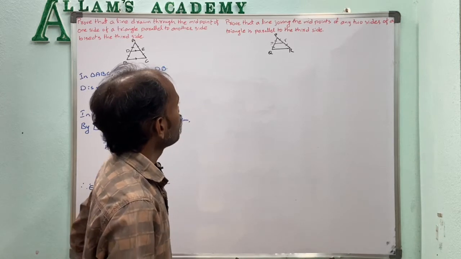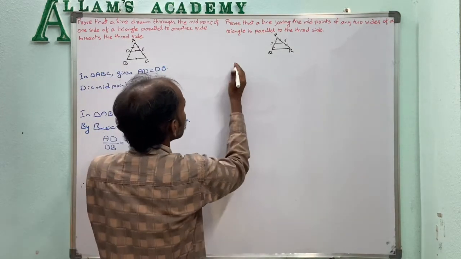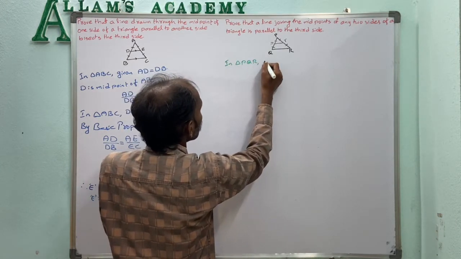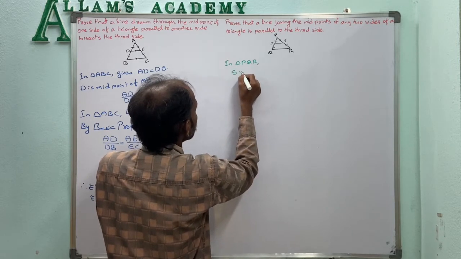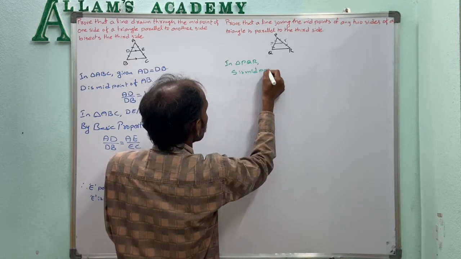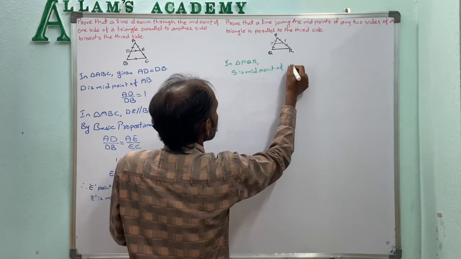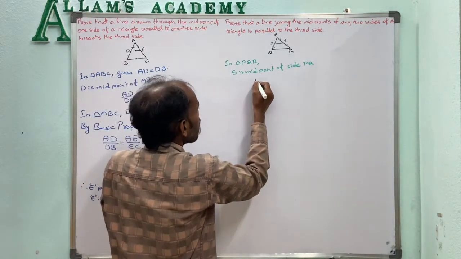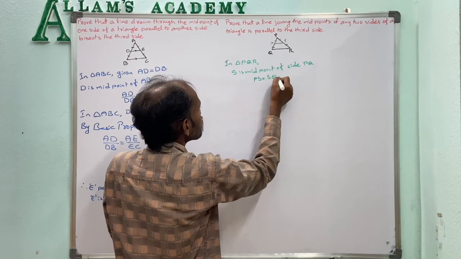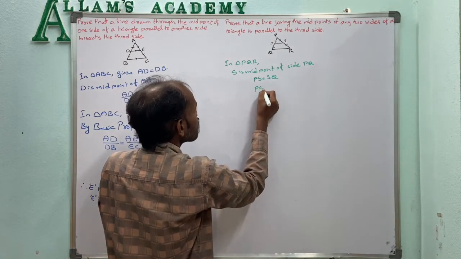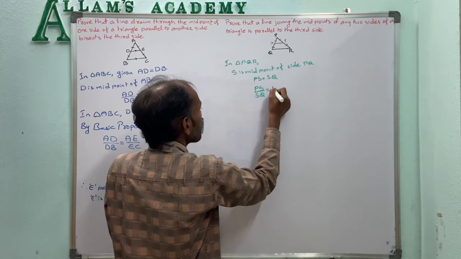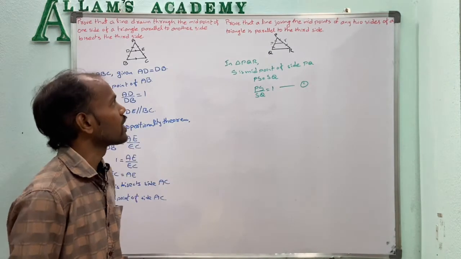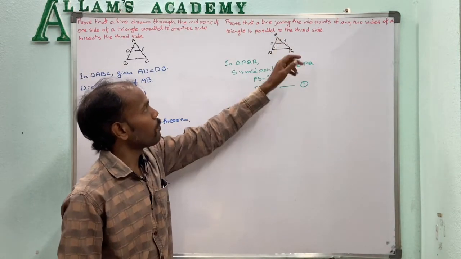So now if we observe, in triangle PQR, S is the midpoint of side PQ. So we can write PS equal to SQ. That means PS by SQ equal to 1. Okay. Now this will be taken as equation 1. Next, T is also the midpoint given.